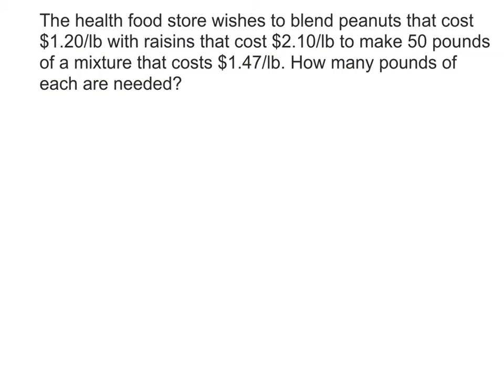So here's a very similar kind of problem that I call a mixture problem, and we're going to say then that R equals the number of pounds of raisins, and of course then what are the other ones? Peanuts.